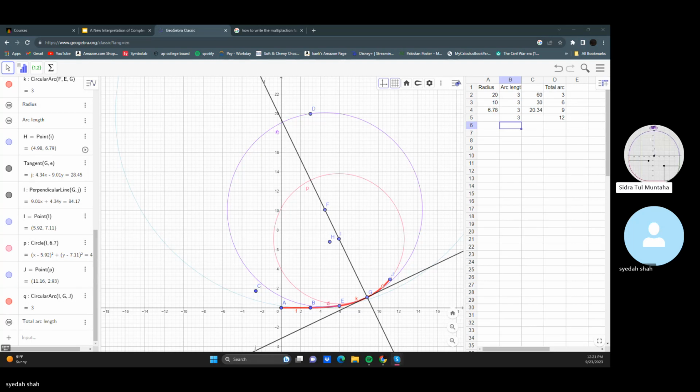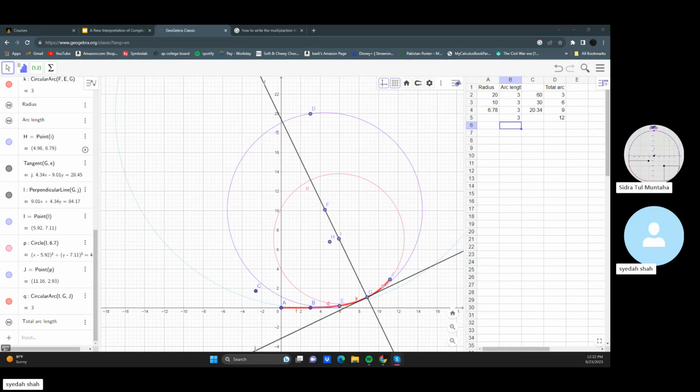It was 3, so we got 20. Then 60 divided by 3, we got 10. So that's why our radius was 10.